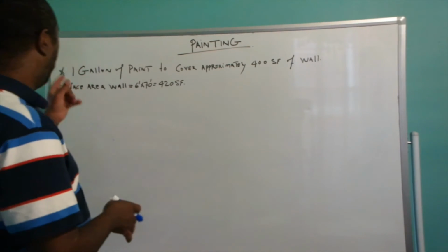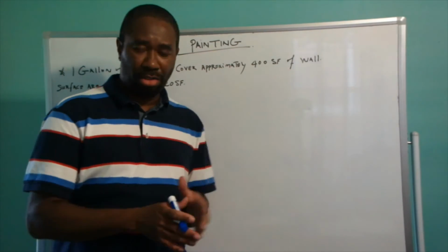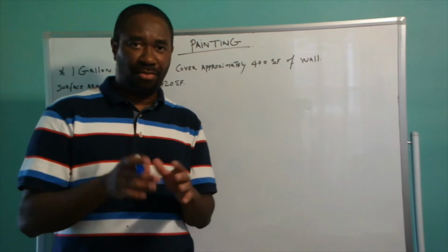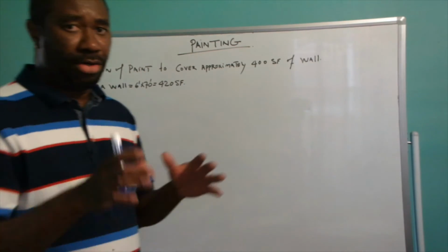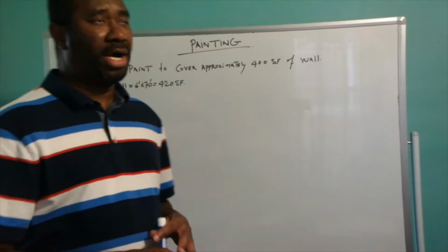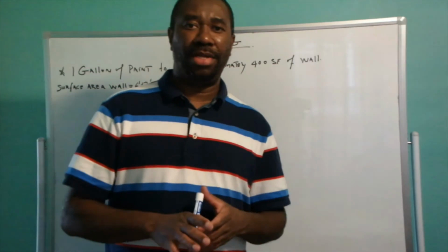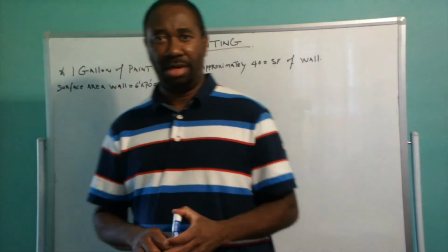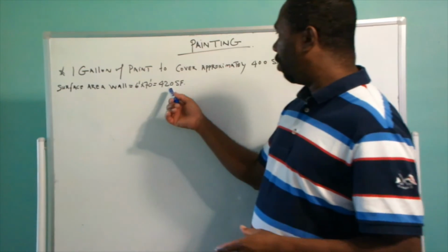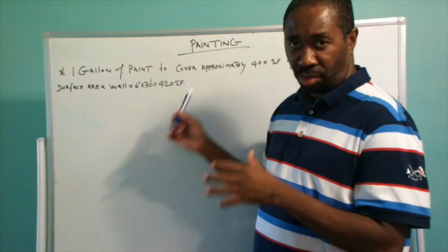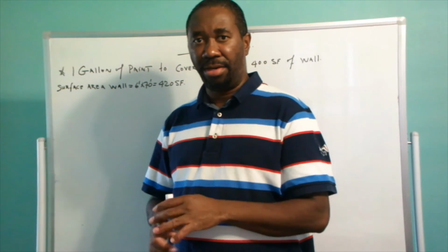That's 1 gallon to 400 square feet of wall. Based on our calculation so far, we have come up with a surface area that is 420 square feet on one side.